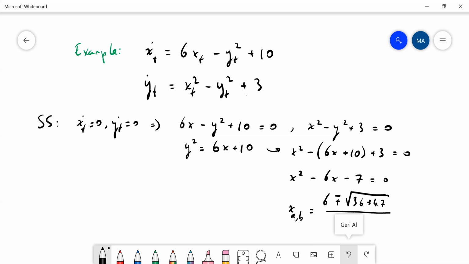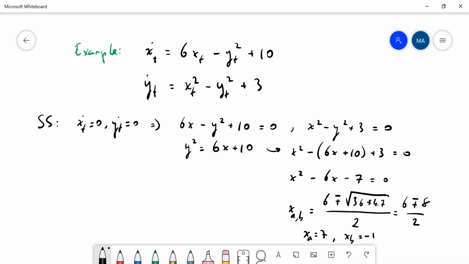Let me just check. Yes, so this is 6 plus minus 8 divided by 2. So you have x_A equals 7, x_B equals minus 1. Is that correct?